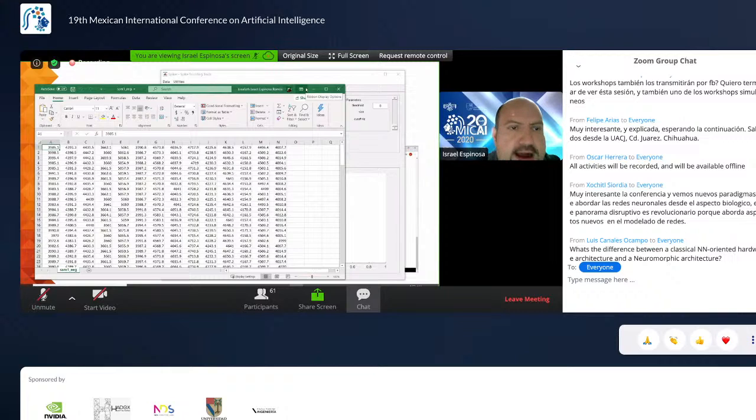In this case, we have 14 channels, 14 electrodes. Every column represents one electrode, and every row represents the value of that signal at every time step. This signal was sampled at 128 hertz, so this sample has 128 points. What I'm going to do with the Spiker is take the first EEG channel and encode it into spike trains using these different encoding algorithms.